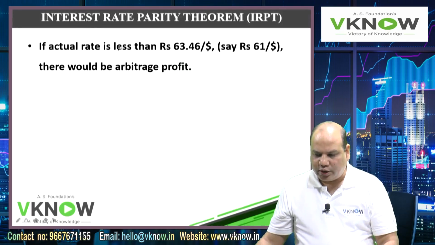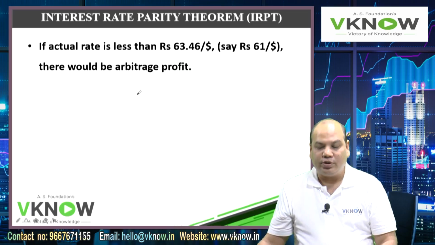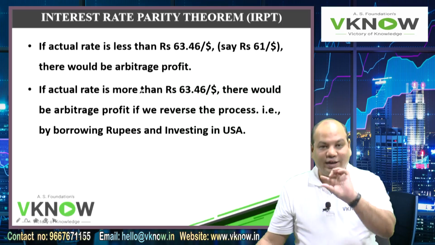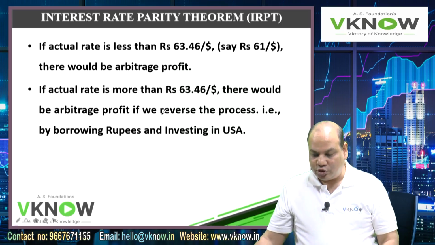So if the actual rate is less than 63.46, I have shown you it will give rise to an arbitrage profit, and if it is more than that, then you can again make arbitrage profit by borrowing in India and investing in USA.